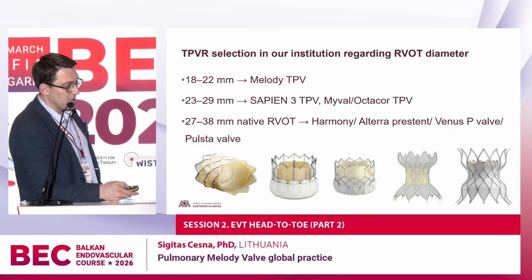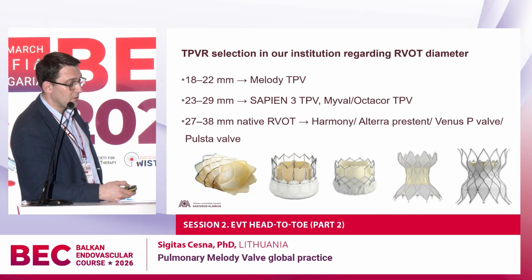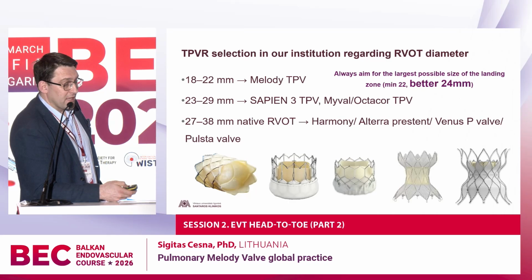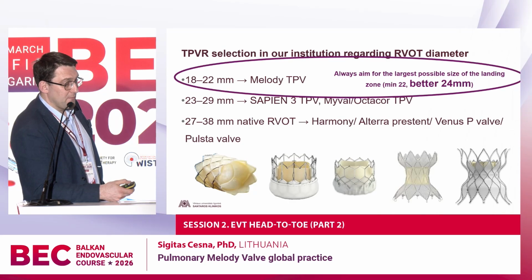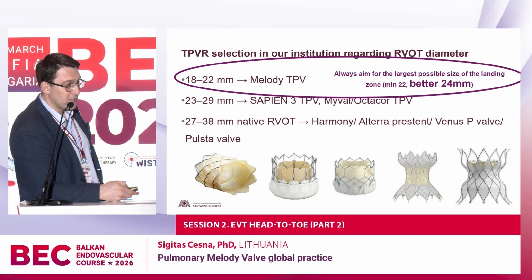The rest are also valves that we use in the TAVI world, in mitral position, like SAPIEN or MyValve Octacore, which might be implanted in TAVI or in other positions as well. Regarding the Melody valve, we have to aim for the largest possible dimensions, and we will show you today in the live case why this matters.